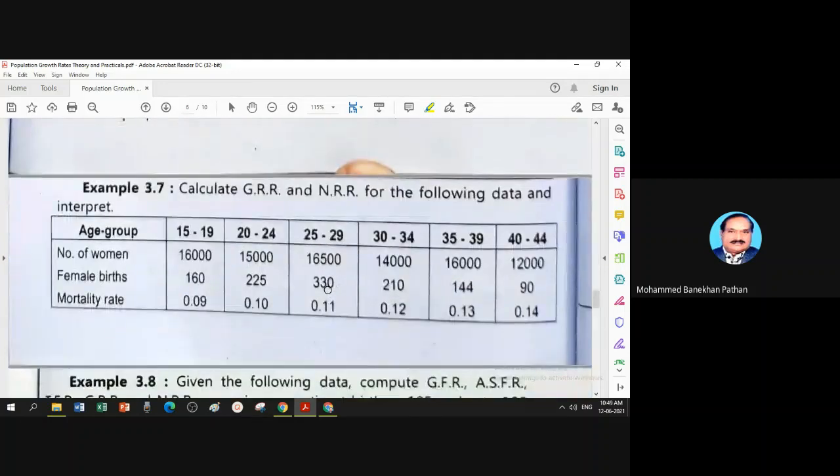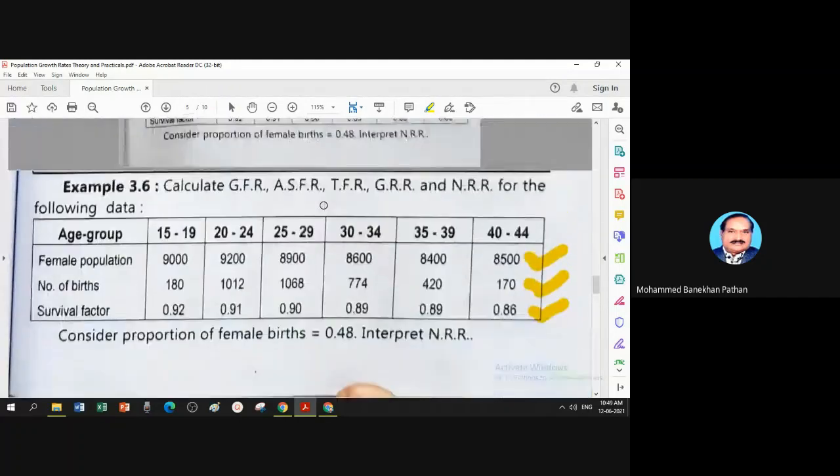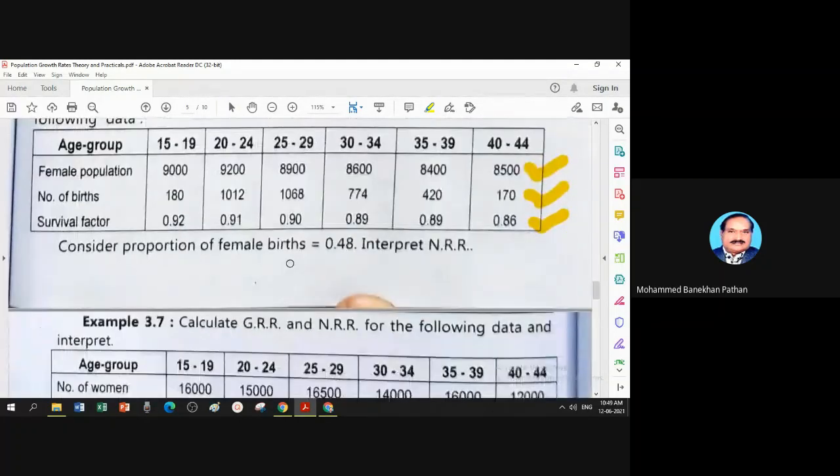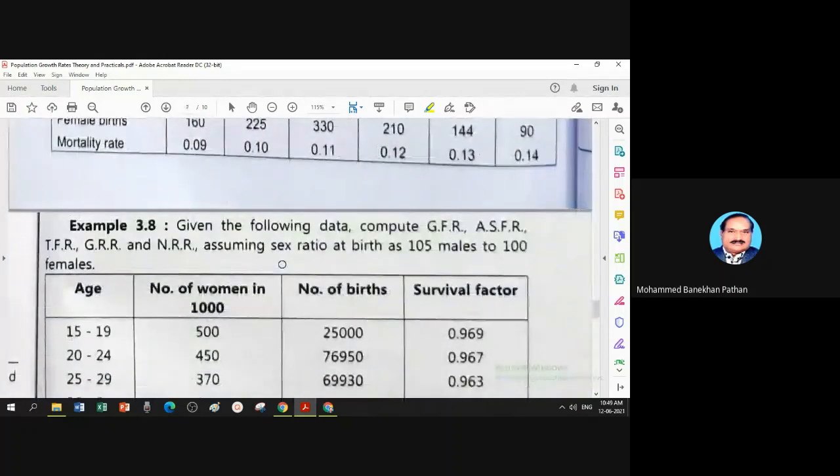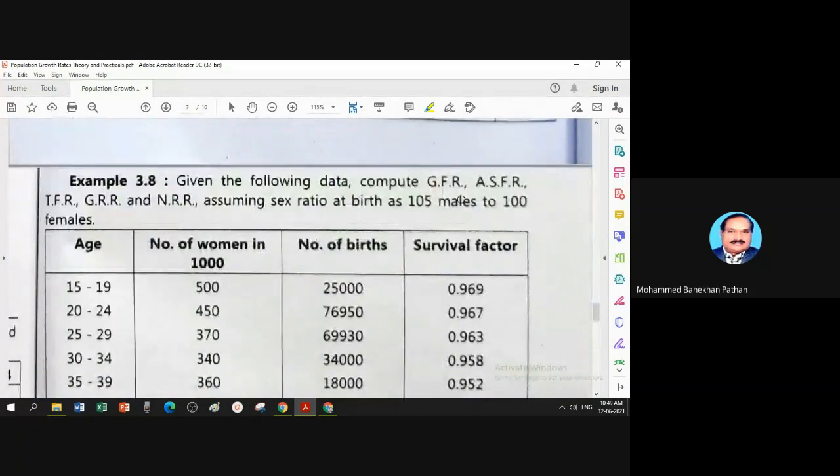Example 2. Here you have to calculate GRR, NRR directly. Here you calculate all measures. Example 3. GFR, ASFR, TFR, GRR, NRR, assuming sex ratio at birth 105 males, 200 females.